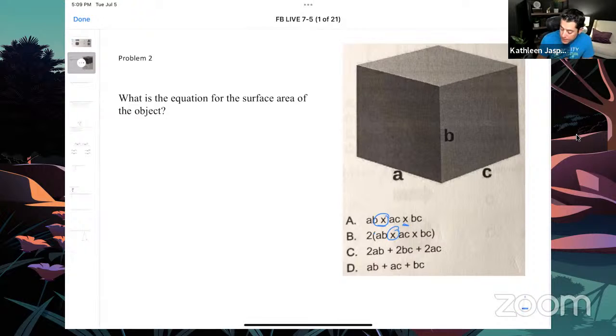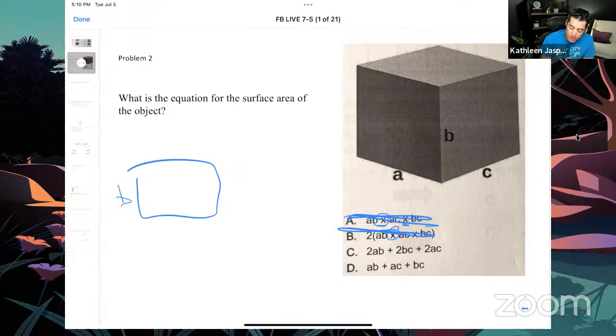Either way, if it's multiplication, it's not going to work out because there are different faces for each of these sides. And so because of that, I got to put them all together. You don't multiply these in one thing, right? This is a rectangle.